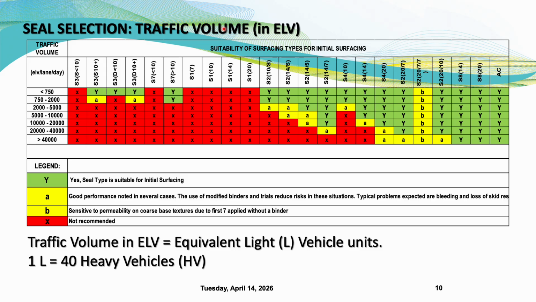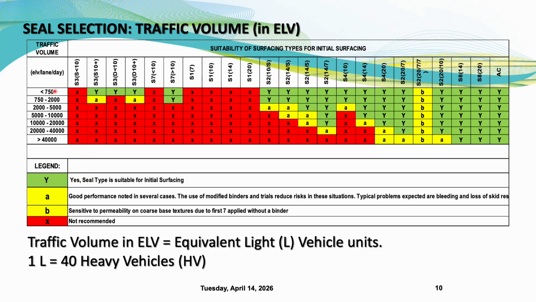In this case, number 1 is traffic volume in equivalent light vehicles per lane per day. The red color means there is no option available if the traffic is very high for several seal types. Red means not recommended. Green is yes, the seal is suitable.